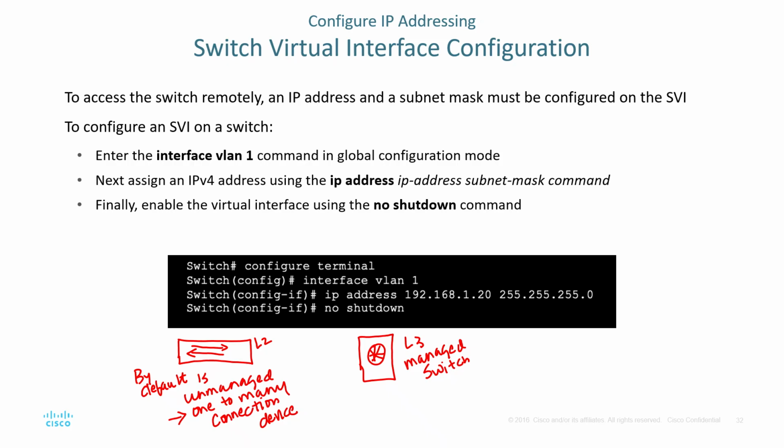So I am just going to tell you that we teach you now how to put an IP address on your interface VLAN 1, which is how we manage our switch.